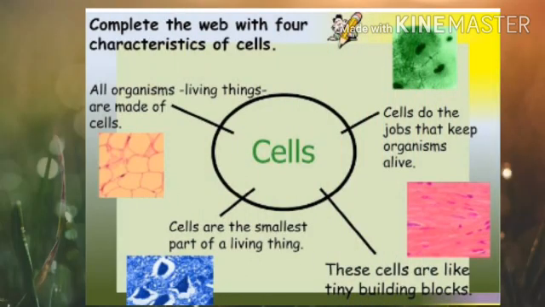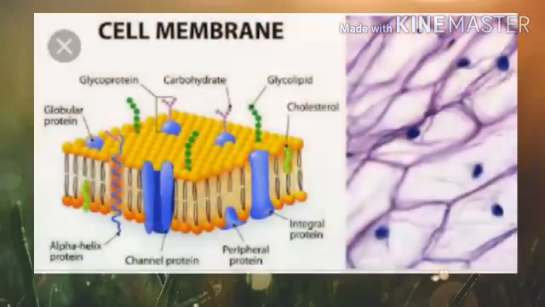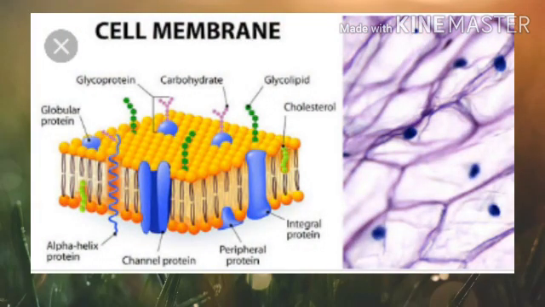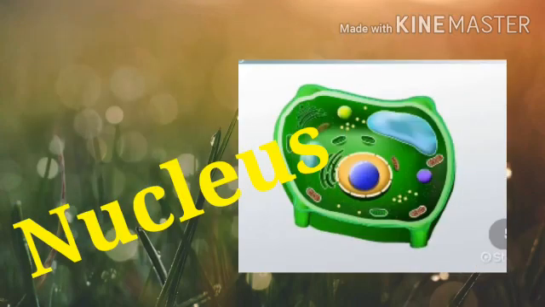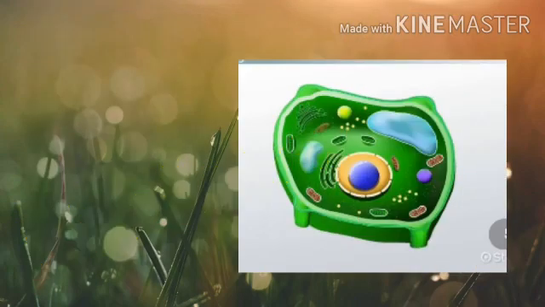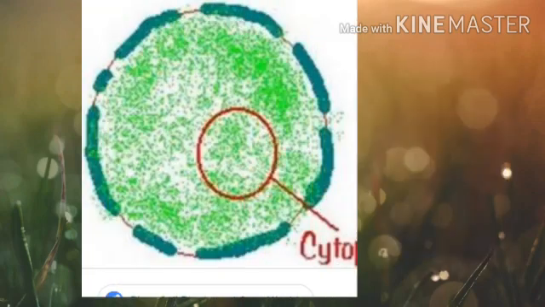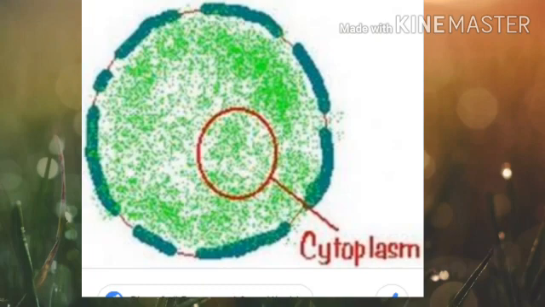Similarly, the bodies of living organisms are made of tiny units called cells. The cell is covered by a thin outer boundary called cell membrane and a centrally located spherical structure called nucleus, and the nucleus is surrounded by a jelly-like substance called cytoplasm.